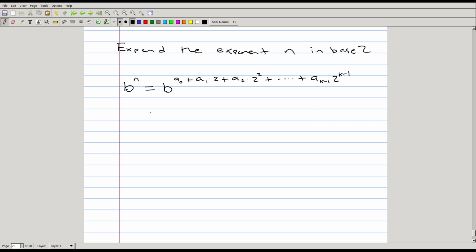And we know from basic algebra, this means that b to the n will be b to the a naught times b to the a1 times 2 times b to the a2 times 2 squared times b to the a3 times 2 cubed, up to b to the a k minus 1 times 2 to the k minus 1.